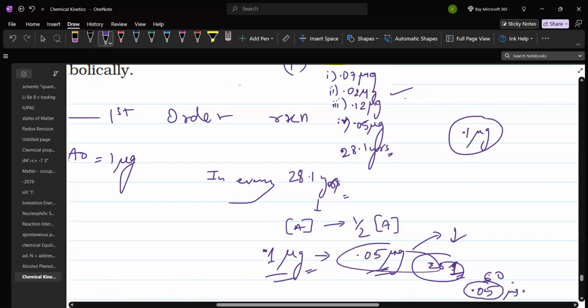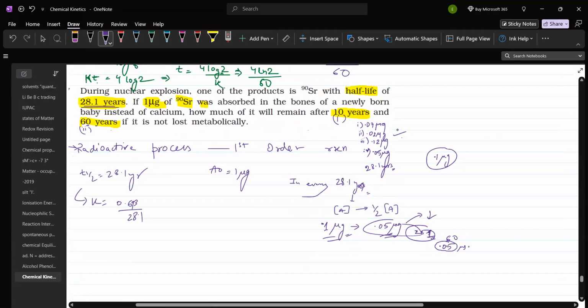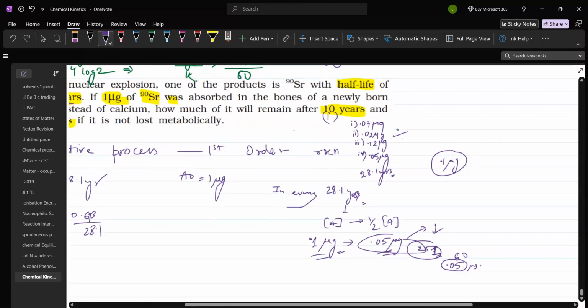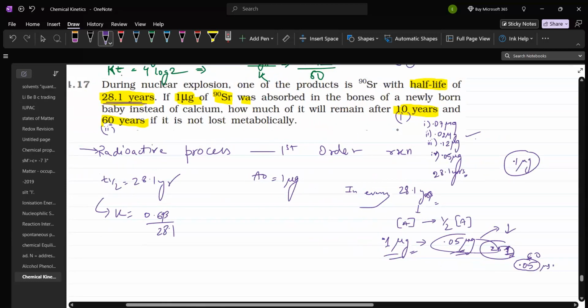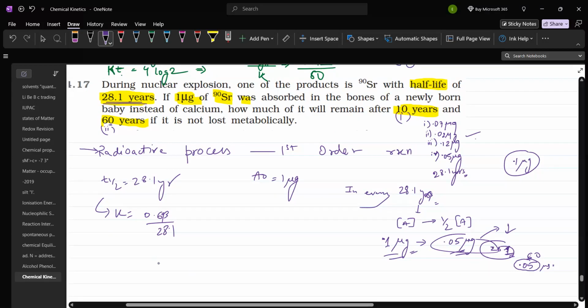So for MCQs you can think and directly solve the question. And when you solve the question, the answer you get should match your logic. So let's try to solve this question.